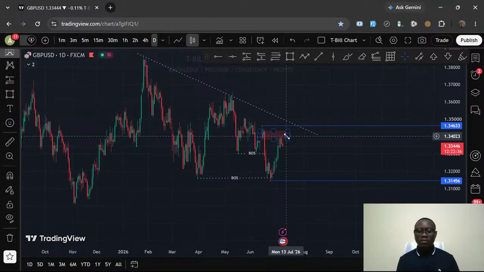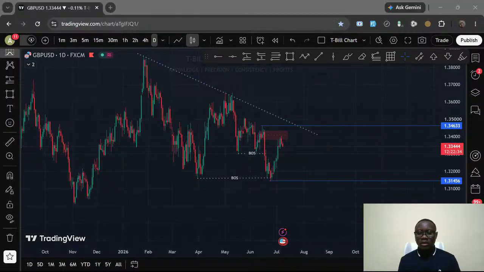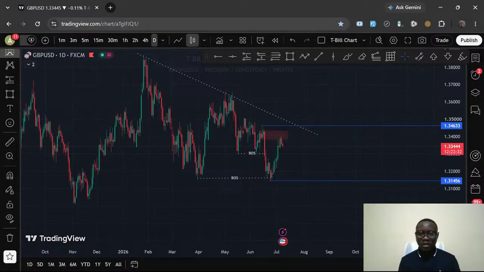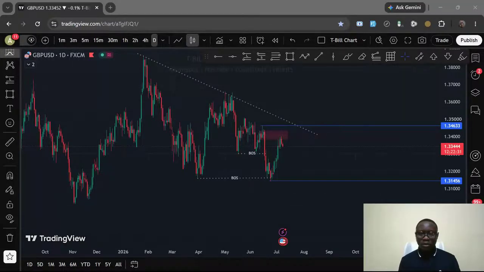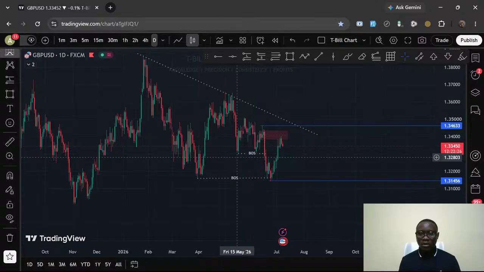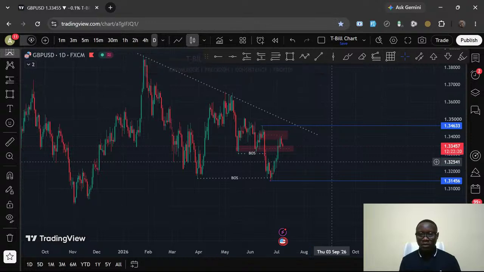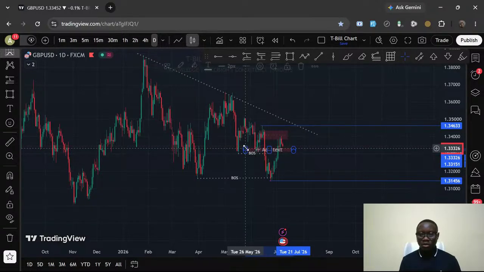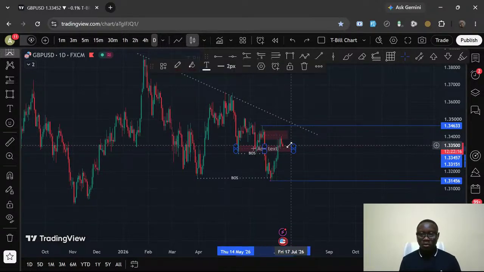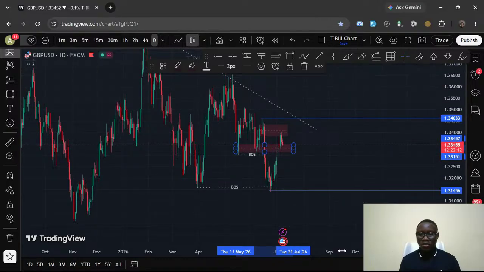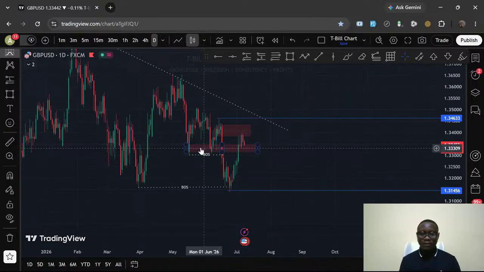So I think that is the only zone I can see at the moment. Yeah, this breaker block failed and became a support. Price tapped into this and is currently selling to the downside.